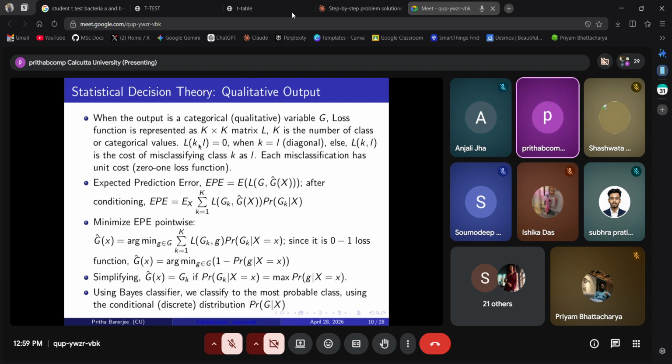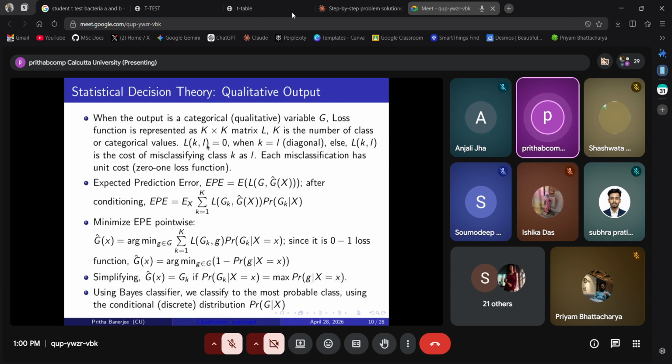Any entry L(k, l) is equal to 0 when k equals l, which is the diagonal. Otherwise, L(k, l) is the cost of misclassifying class k as class l. So if k and l are not equal, it contains the cost of having misclassified class k as l.